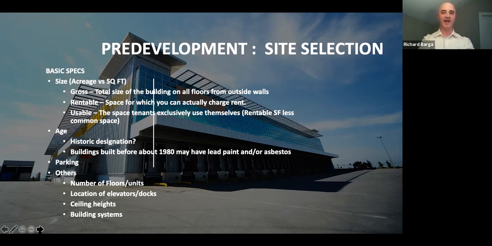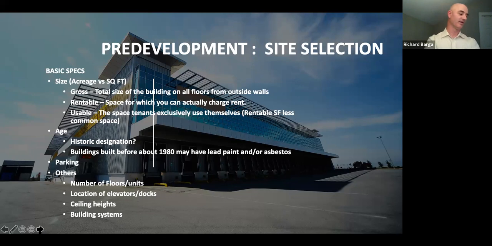But then if you squeeze that down into the rentable square footage, this is the space that you actually can charge for rent. You remove the elevator shafts, the utility rooms, and some of the other storage spaces. Then you start thinking about, okay, this is the amount of rentable square feet that is in this building.